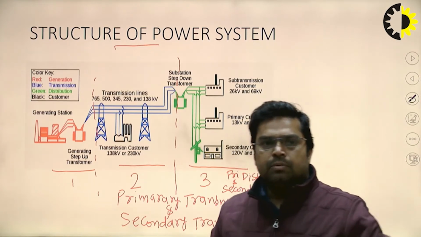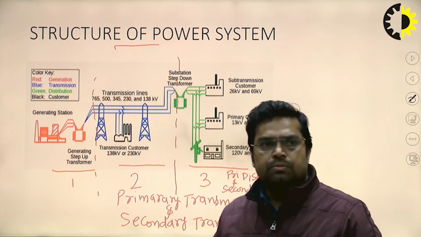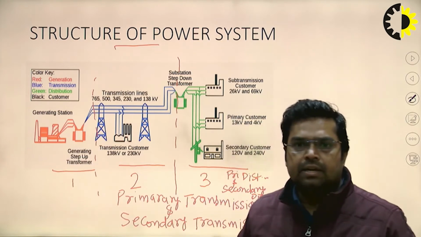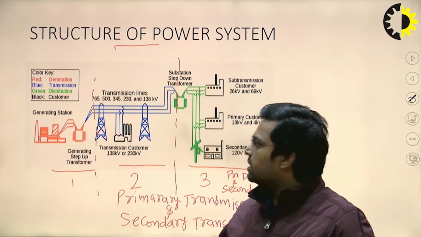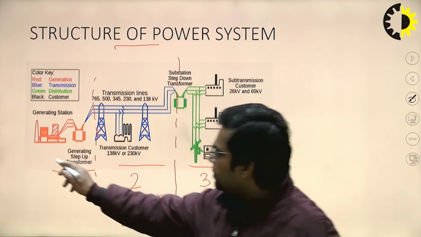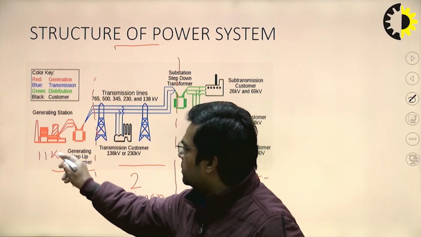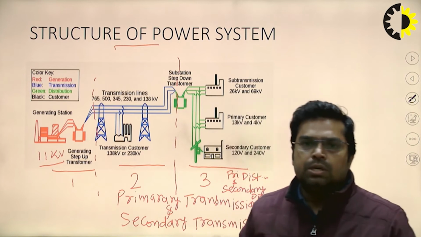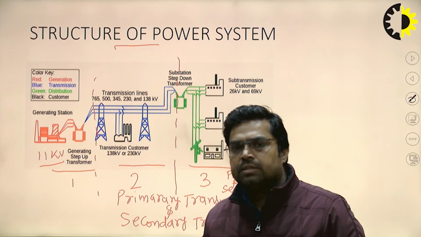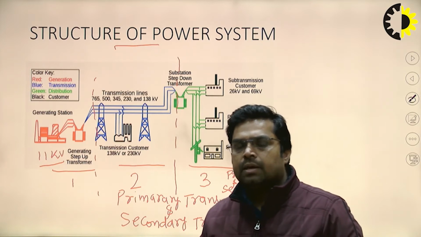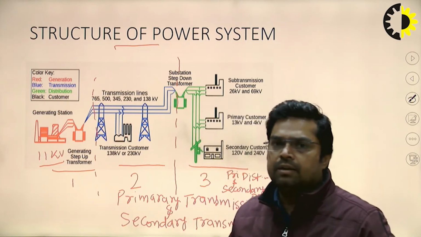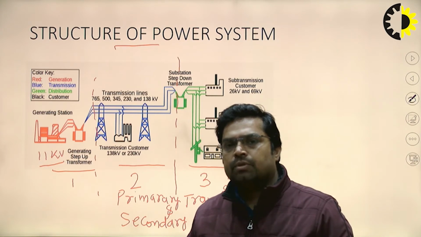Coming to the explanation of each part, first one is generation. You can see in the red part, generation we basically generate at the lower voltage side. Generally it is taken as 11 kV. And what will be the sources? The sources of generation, how to generate power, are known as renewable energy sources and non-renewable energy sources.